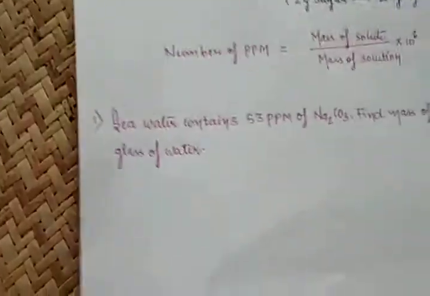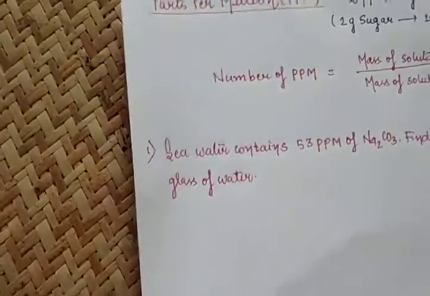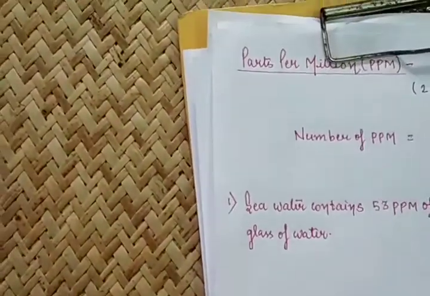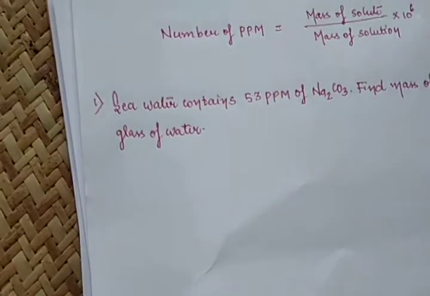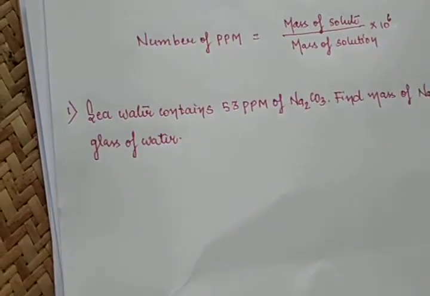Just focus on this question. Seawater contains 53 ppm of Na2CO3.